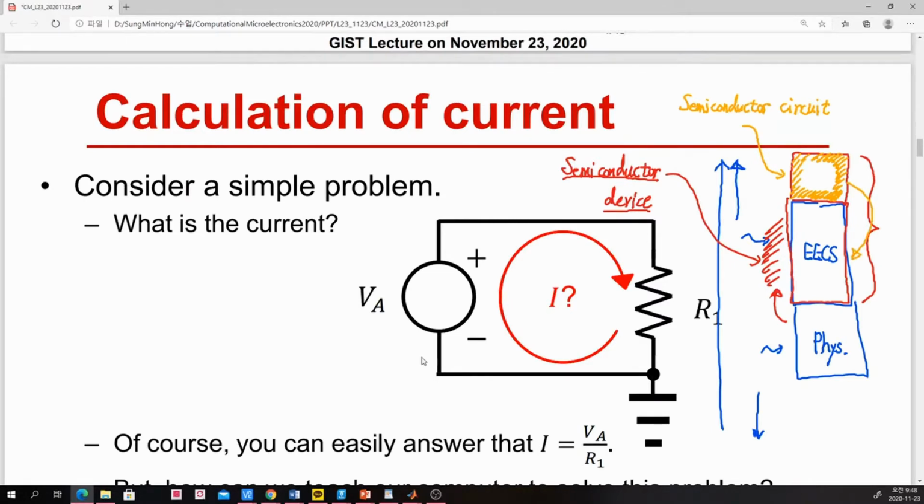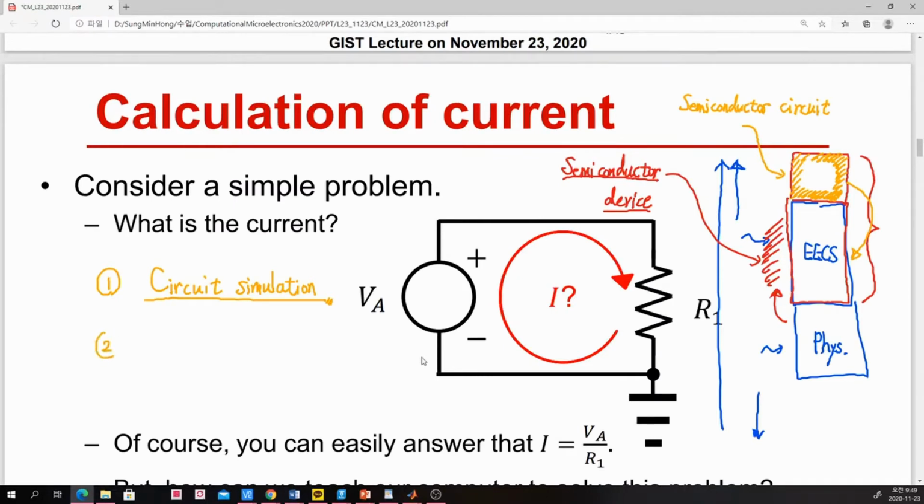The reason why we are talking about semiconductor circuit simulation is twofold. One is that circuit simulation itself is actually at the border of our computational microelectronics. For example, our device simulation tool should provide the capability to perform circuit simulation. That is practically required.